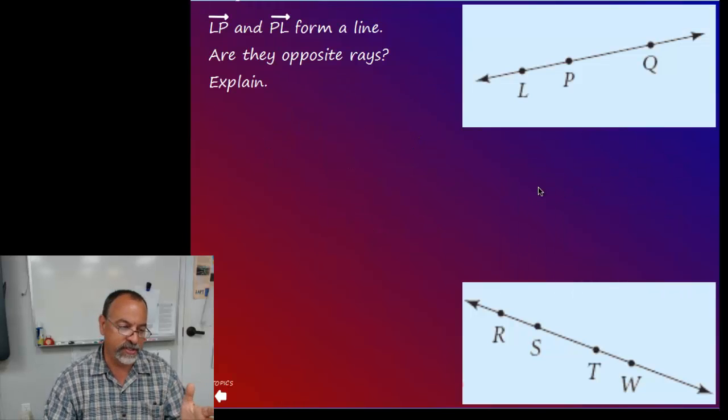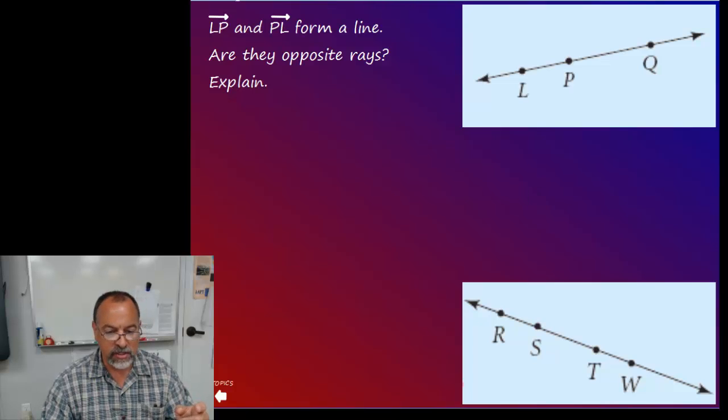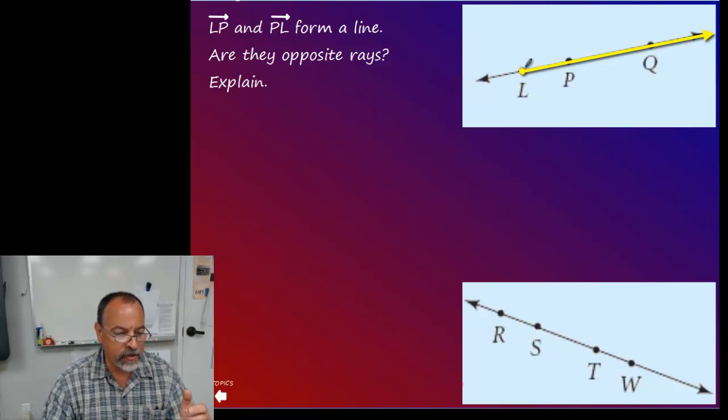So let's look at each one of these separately. First of all, let's look at the diagram and find ray LP. LP, here's the endpoint, that always comes first, and then a point to the right is P, so that's this ray that points this way. Where's ray PL? PL, the endpoint is first, so here's P, and PL goes this way, okay?